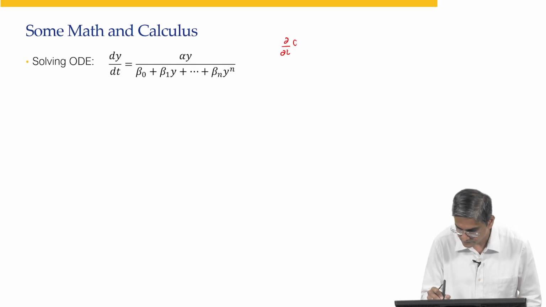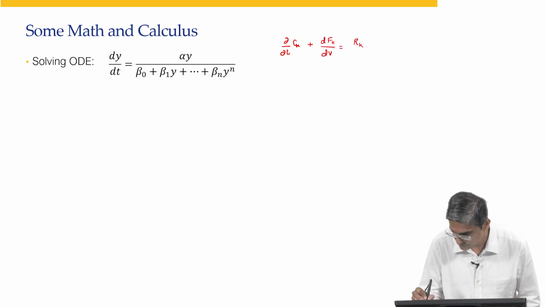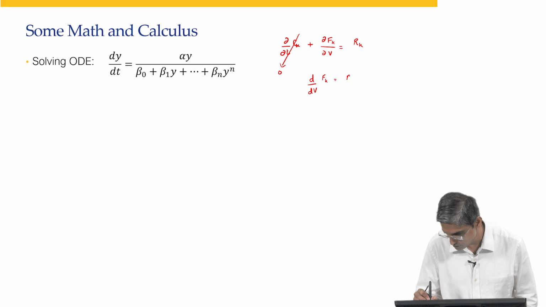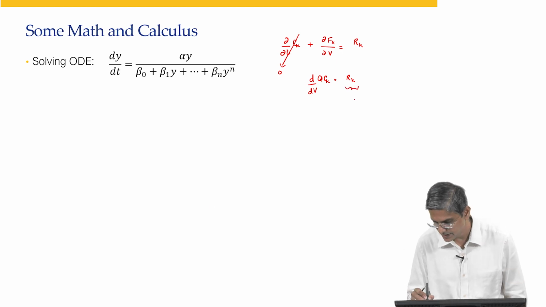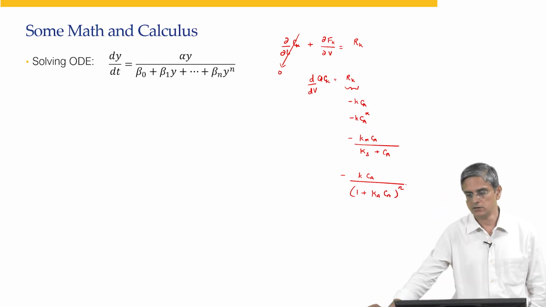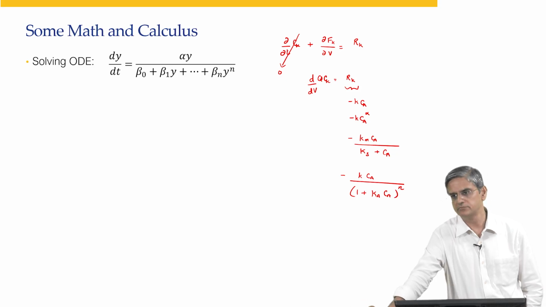In a PFR, you have steady state, this is 0, you will have it equal to Rk, okay, and Rk might be K Ca, okay, and the same thing.